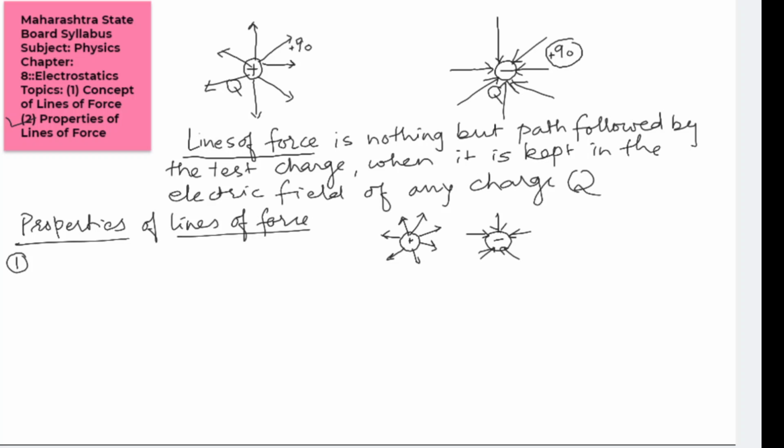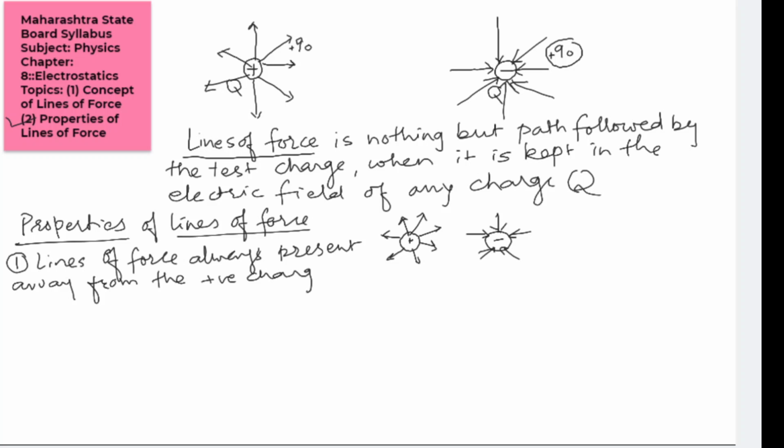The first property: the lines of force are always present away from the positive charge and always present towards the negative charge.